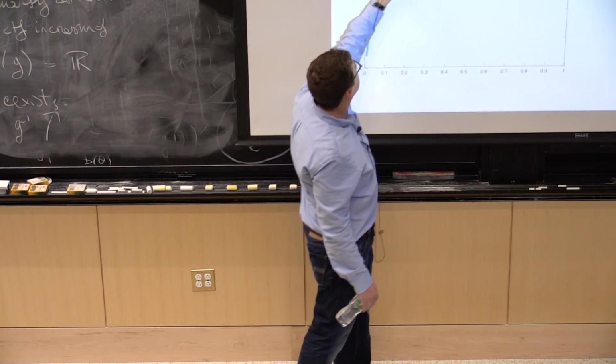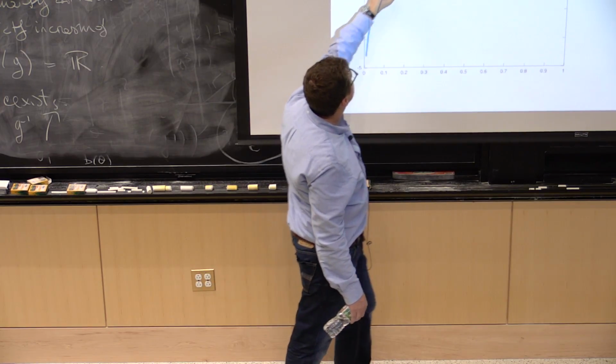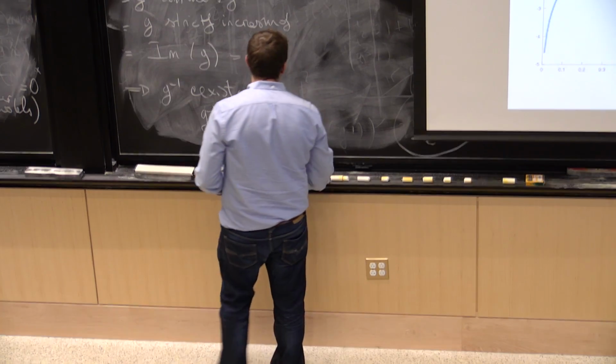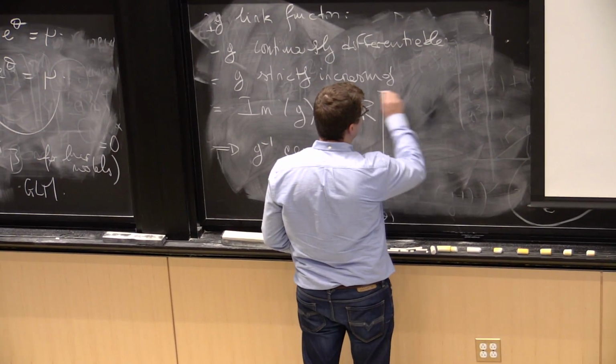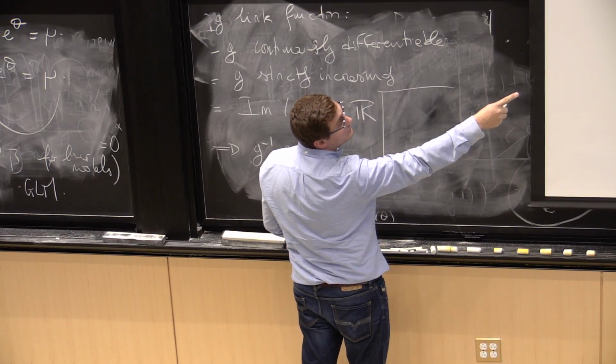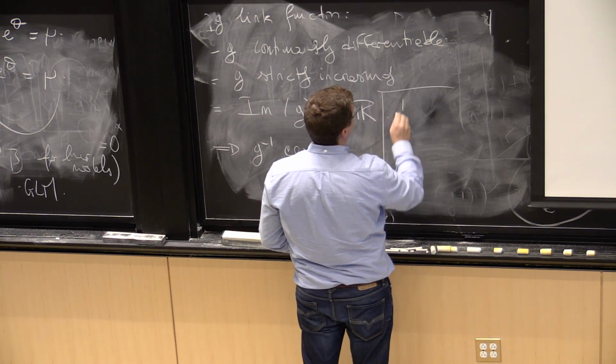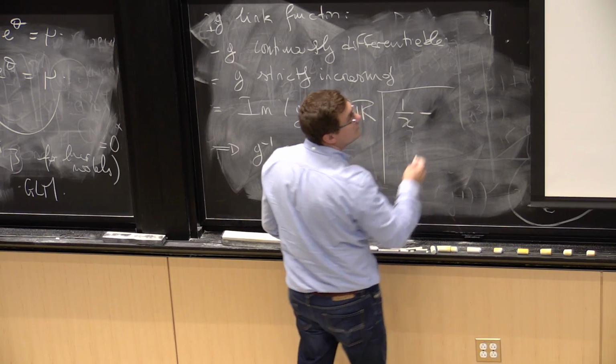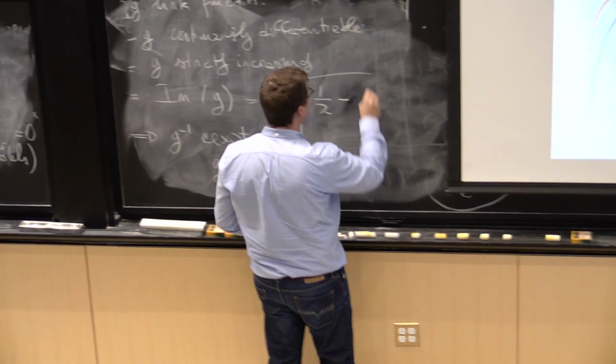And this is the probit link, the phi inverse that you see here. It's a little flatter. You can check by computing the derivative at 0 of those guys. I'm taking the derivative of log of x over 1 minus x, so it's 1 over x plus 1 over 1 minus x.